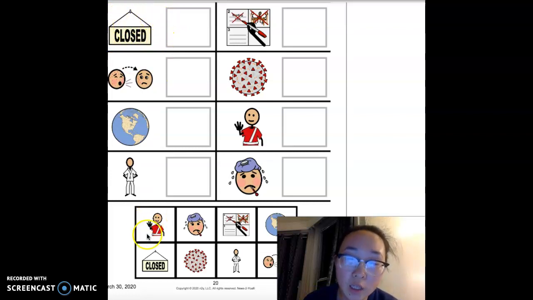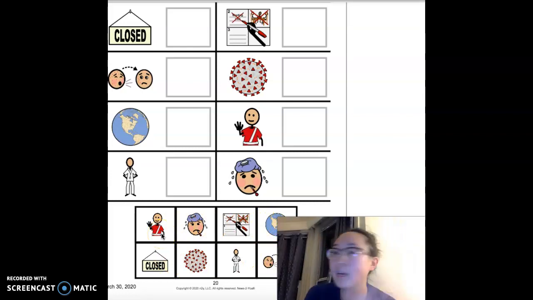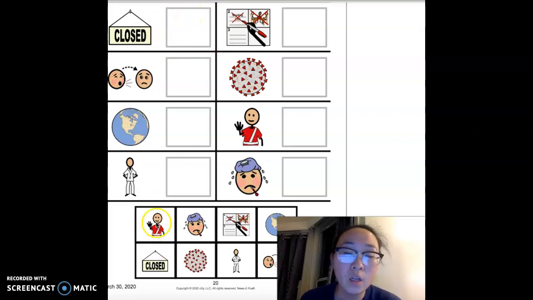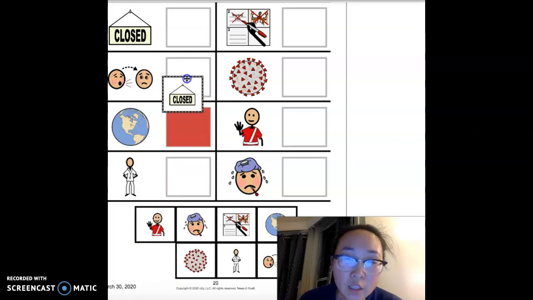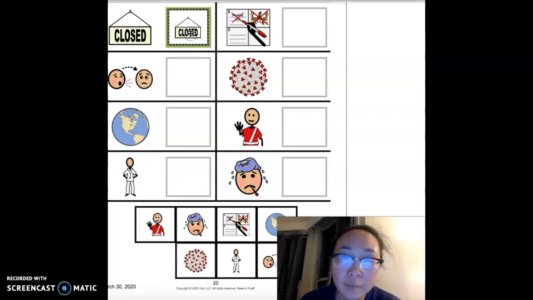And so we're going to look down here and on your own physical copy, you can cut it out and you can glue it directly next to the icon and just put it in the little square. So the closed icon, we're going to take closed, which is this one, and we will put it here.